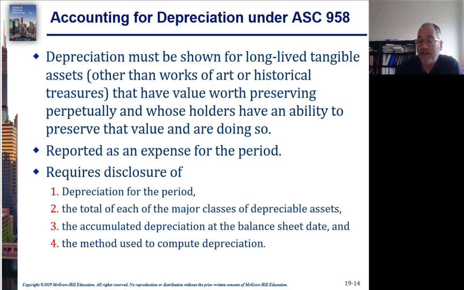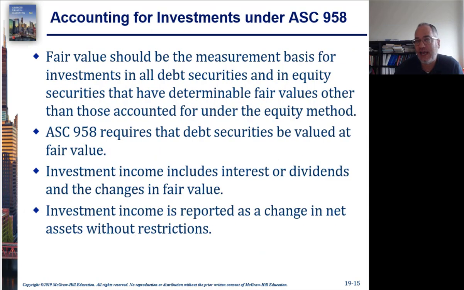So you would need to disclose the depreciation for the period, the total of each class of assets, the accumulated depreciation, and how you compute depreciation. That is same as for profit. Fair value should be the measurement basis for investments in all debt securities, equity securities. Debt securities are valued at fair value. Investment income comes from interest and dividends, same as regular companies.